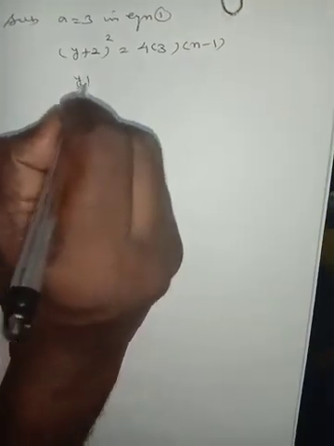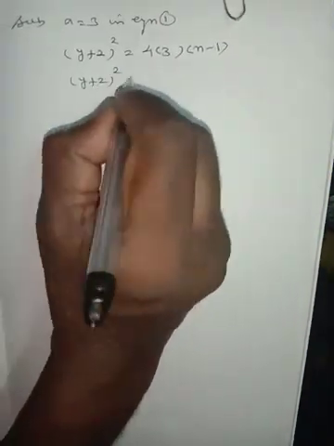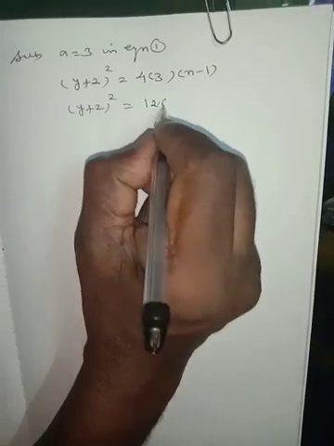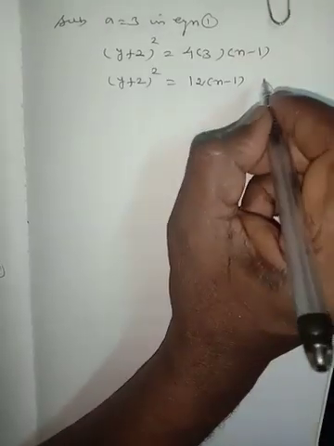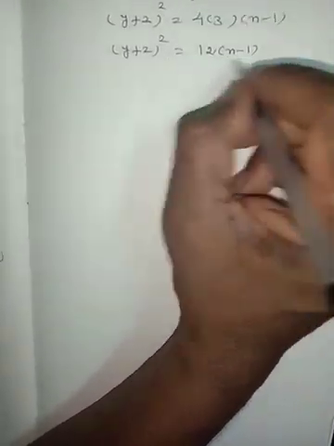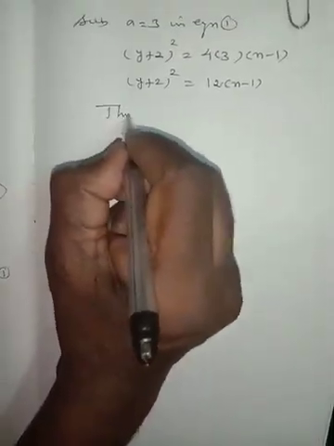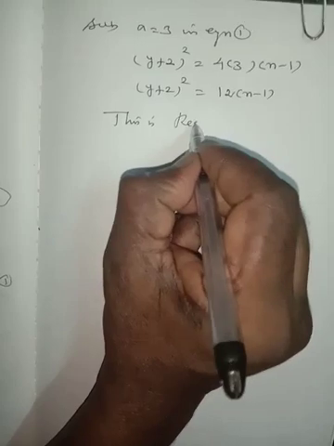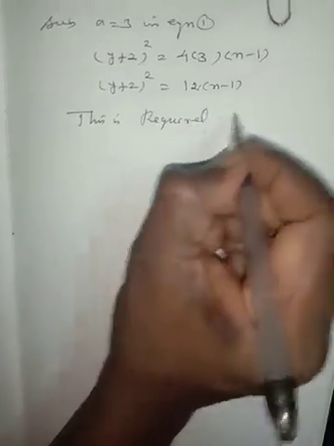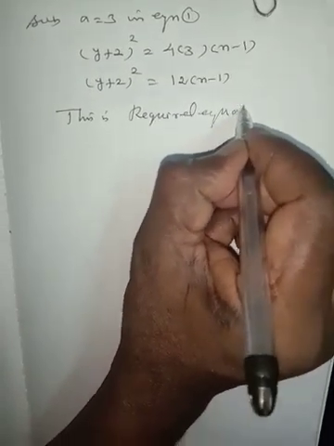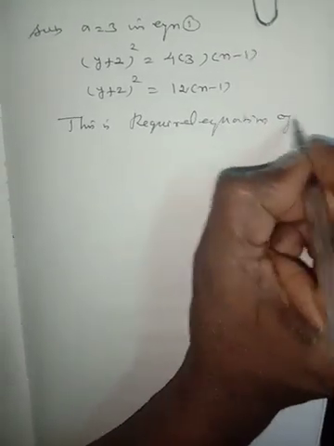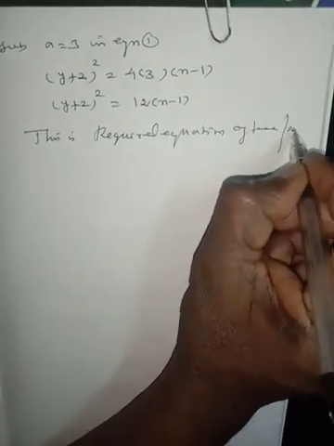Now y plus 2 whole square is equal to 12 into x minus 1. This is the required equation of the parabola.